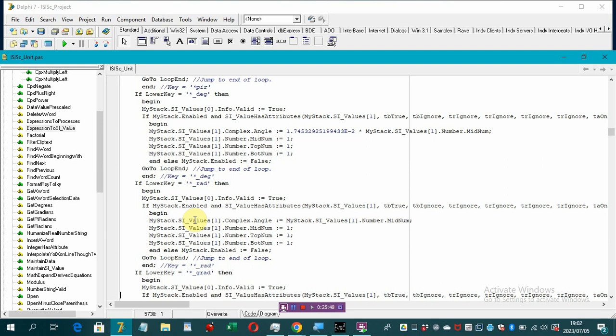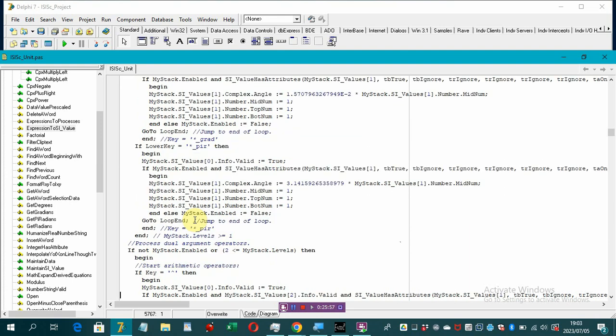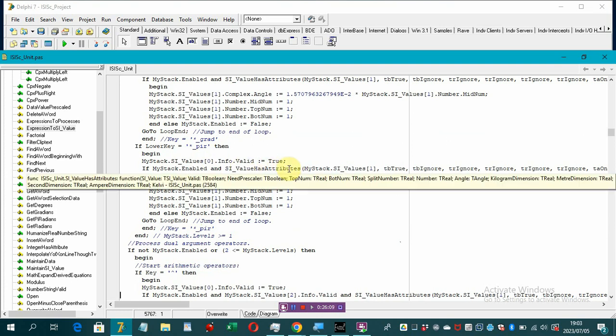It just says the value is 1 for a unit vector, and it also uses SE value as attributes functions a lot. You see there, it's a test: it looks for certain attributes in the type SE values.